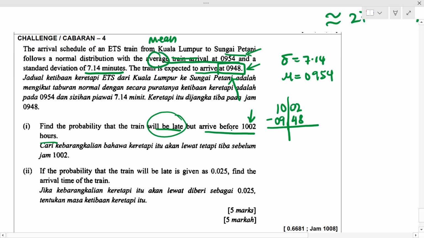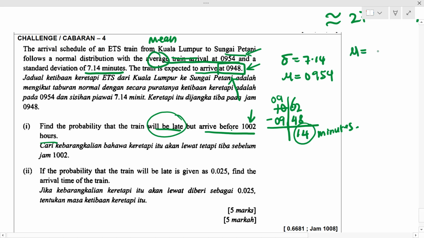Okay, so we borrow 1 hour from here, it becomes 62. 62 minus 48 is 14 minutes. Okay, now we get it in terms of minutes. And then what is the mean?